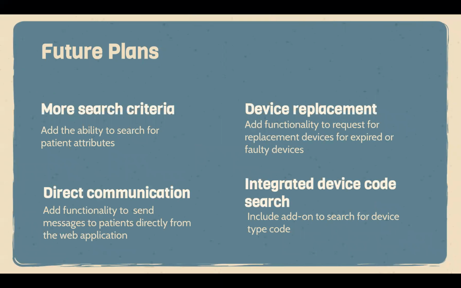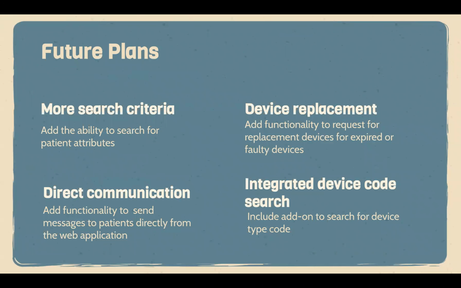And for future plans, there are a few things that we would like to explore further. First, we can potentially add more search criteria, such as the ability to search for patient attributes, for example. Currently we only search for some device attributes, but we can expand this further. Additionally, we can have direct communication with the patients to enable physicians to communicate with patients, for example, when their devices are faulty or have expired.